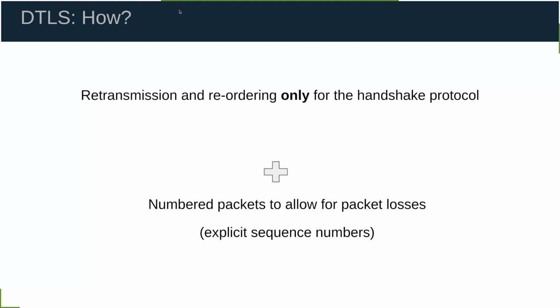They need to be delivered in order, of course. So the idea is to have reordering and retransmission, but only for this type of message. So we add retransmission and reordering only for the handshake messages.